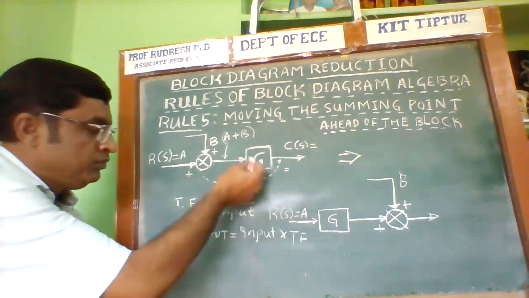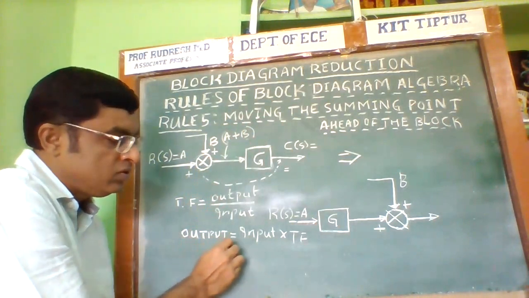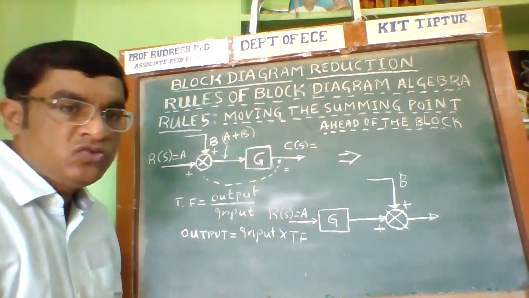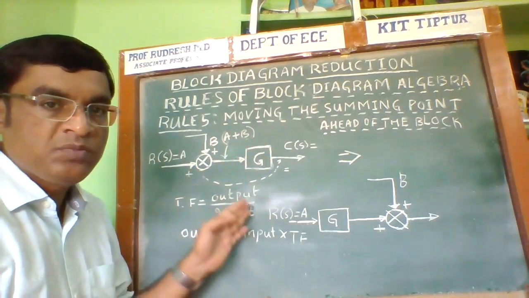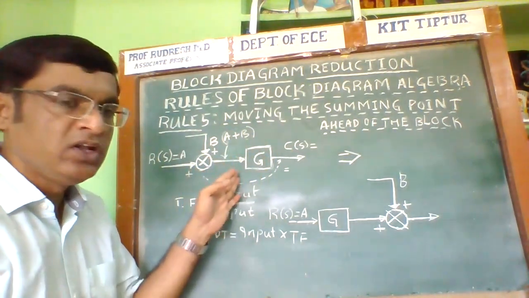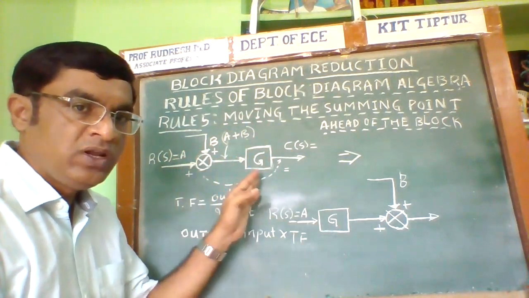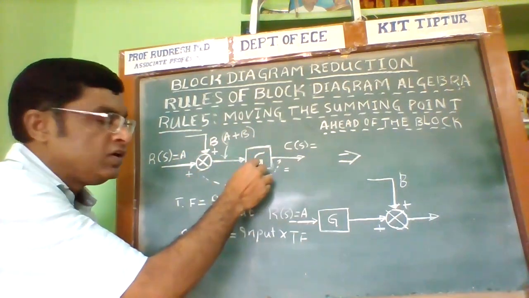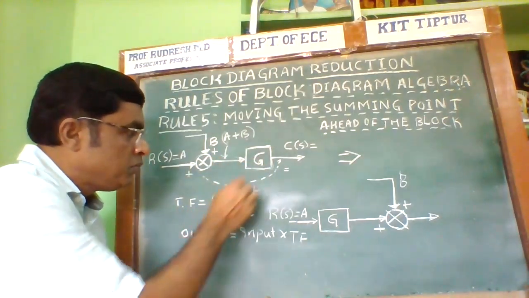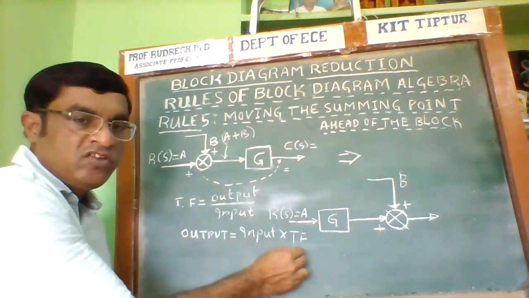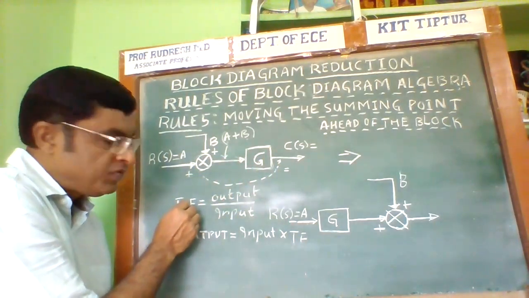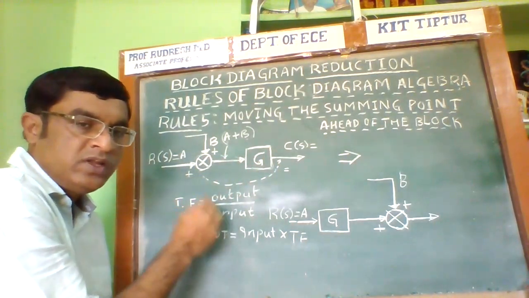We know that the output of the block is equal to the input into the transfer function. The transfer function is usually present inside the block. This is the standard relation, because a transfer function is equal to output divided by input.